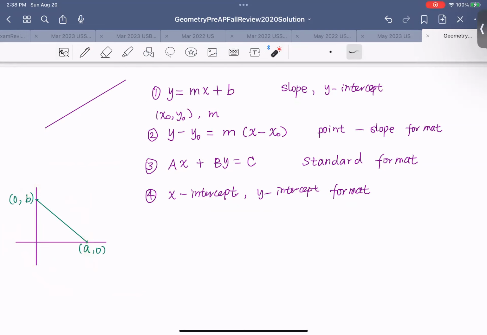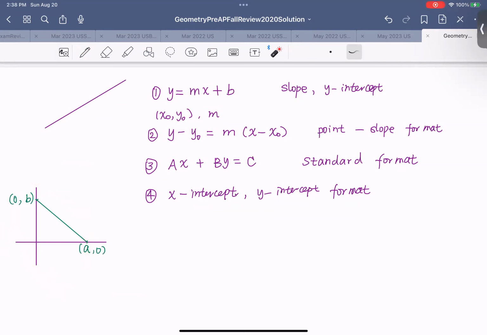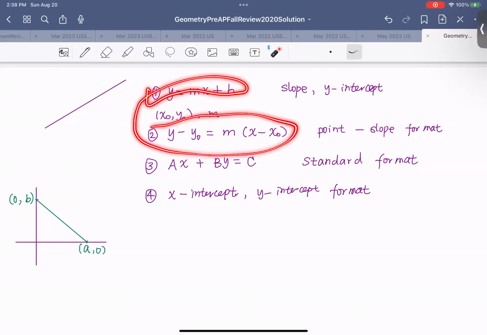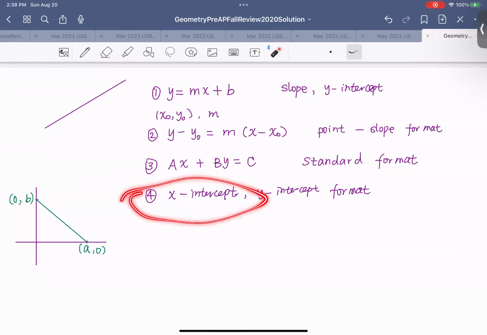Let me see who can figure out this format in this class. Do it quickly on your paper. You want us to figure out the slope? I want you to figure out the slope, and then I want you to write down the equation. You can do this two different ways, as long as you can figure it out. Give me the equation using a and b only, lowercase a and lowercase b.